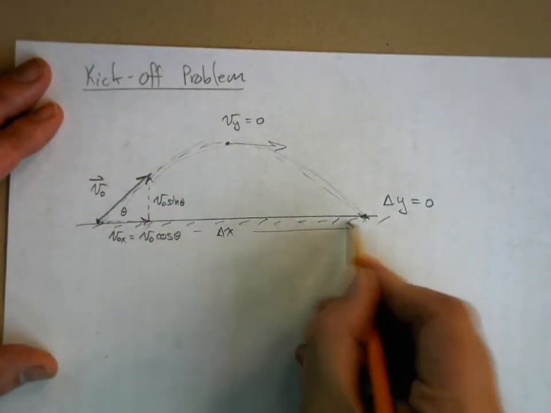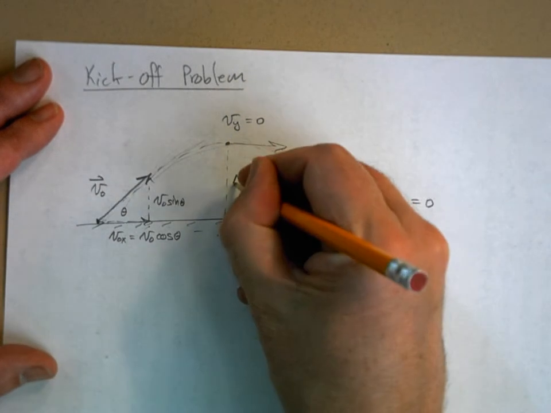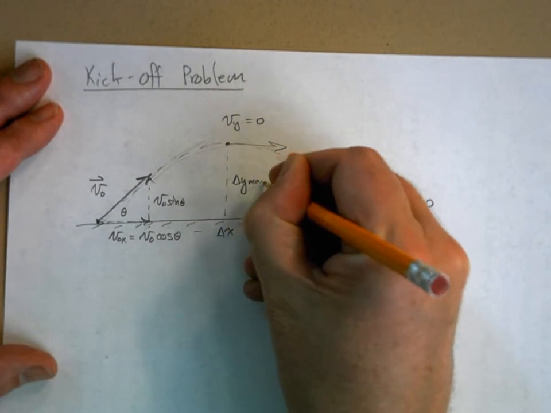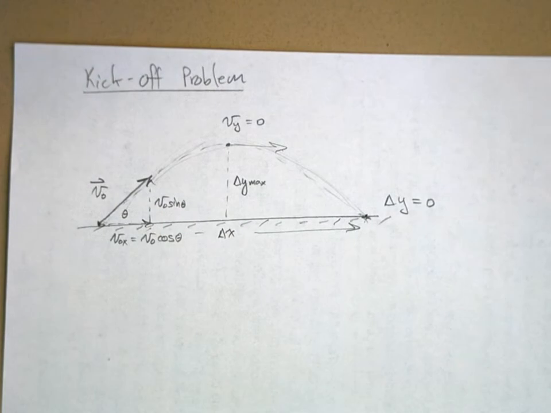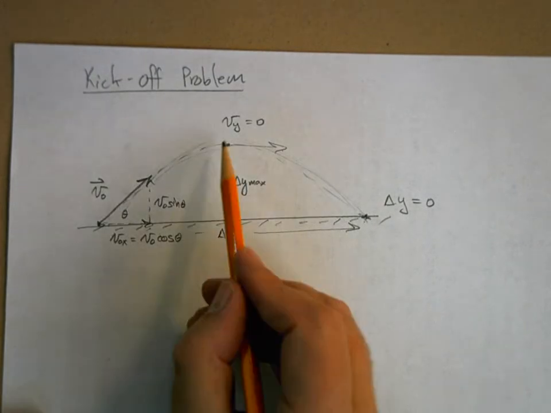Now, the maximum height happens, obviously, when the velocity in the y direction is 0.